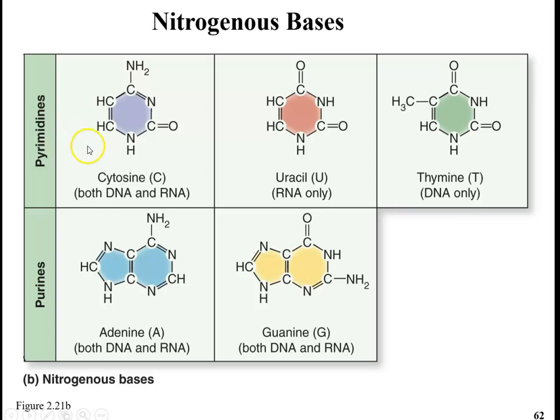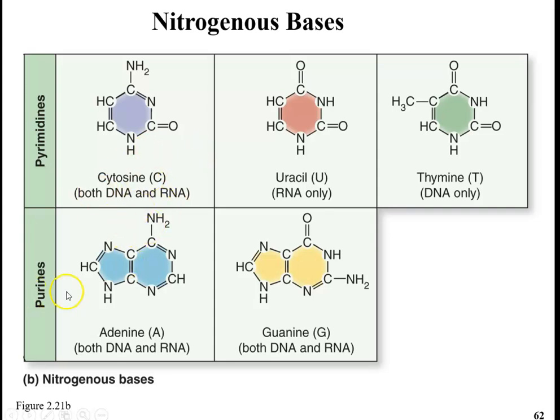Starting with the pyrimidines, you have cytosine. This is in both DNA and RNA. You have thymine, which is only in DNA, and you have uracil, which is only in RNA. Those are the pyrimidines. These are the different types of nitrogenous bases.